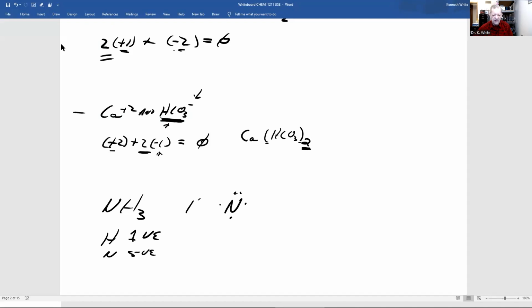Now there are 3 hydrogens. And remember, when you're forming a molecule, you want each element to have an octet, 8 valence electrons, its own non-bonding, and shared bonded electrons.